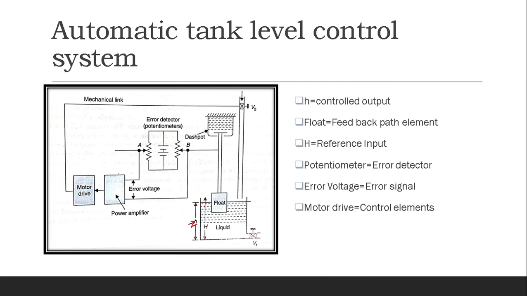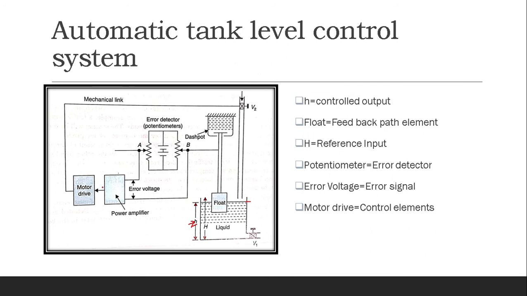Okay, so when the liquid level rises or falls, the potentiometer, or we can say our error detector, gives an error voltage, that is an actuating signal proportional to the change in the liquid level. Now the error voltage actuates the motor.